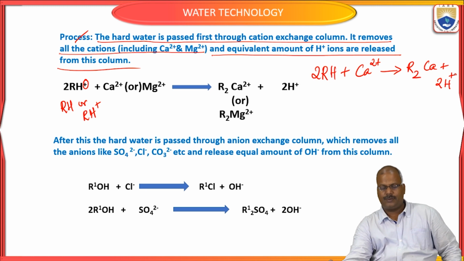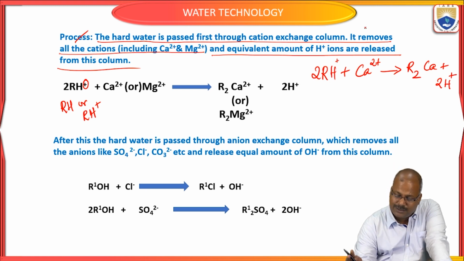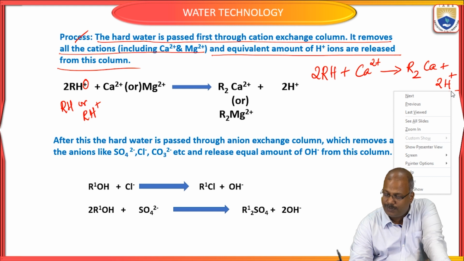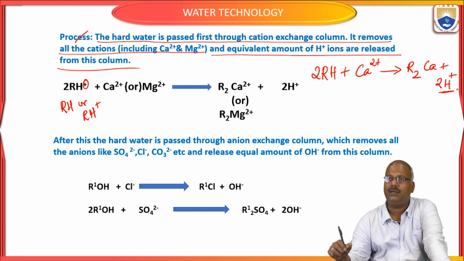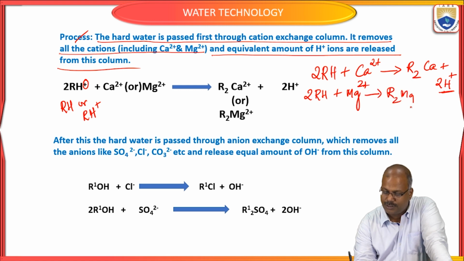Whether here you represent it as H plus or H doesn't matter, whereas after it gets exchanged, it releases H plus to the water. That matters. Similarly, 2RH plus Mg2+ gives R2Mg plus 2H+.